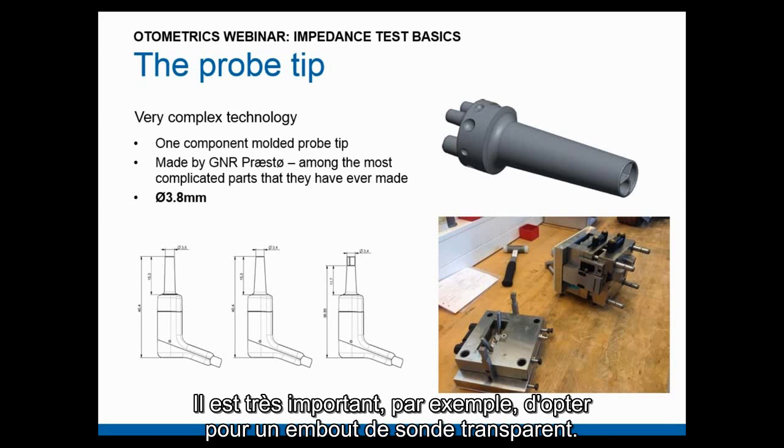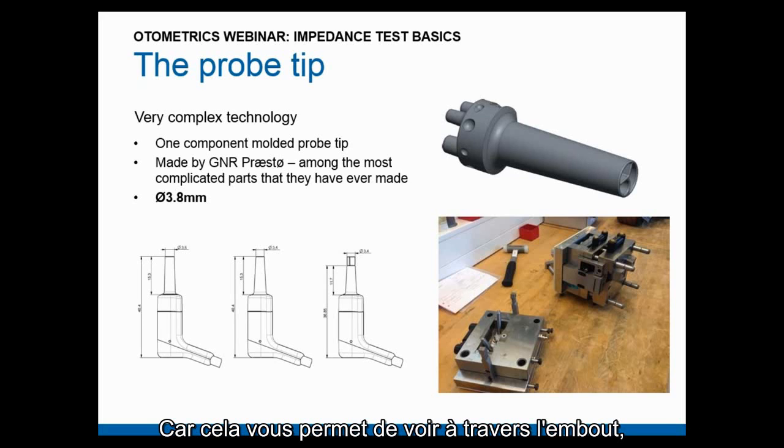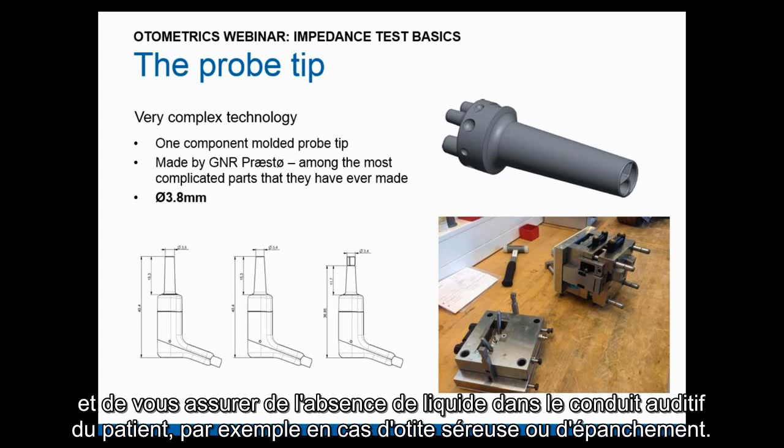It's very important, for example, for you to go for a transparent probe tip. Why should it be an idea to go for a transparent probe tip? It's because it gives you the possibility to see through this probe tip and to make sure that we don't have the liquid I've mentioned before from the ear canal of the patient, like otitis or ear effusions or whatever.